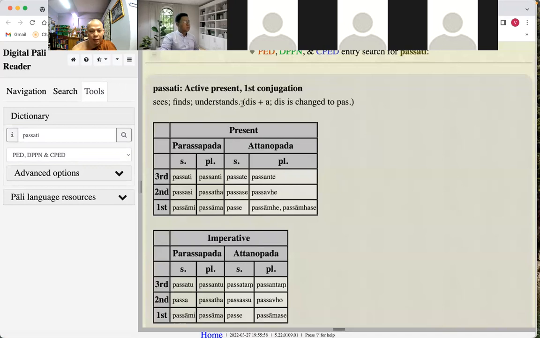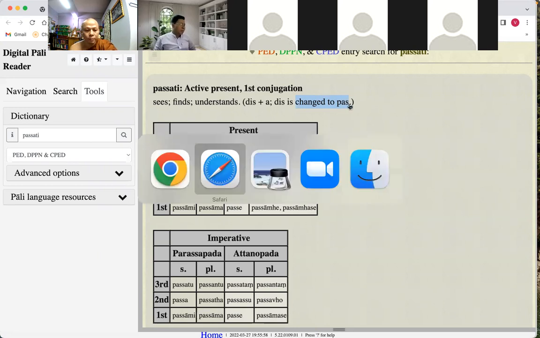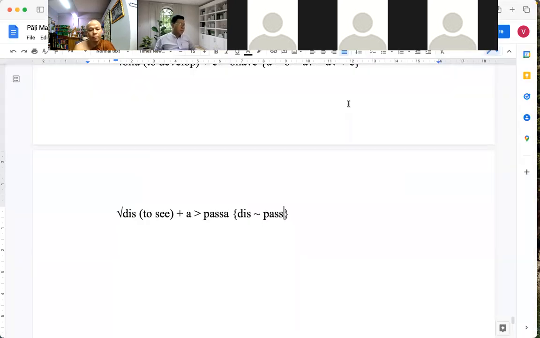So at that time, the root is dis, but they explain this is changed to the pass or something like that. In other, that is a shortcut. So instead of saying changing, just replacement or substitution, we can say substitution. So root dis is replaced by the pass.